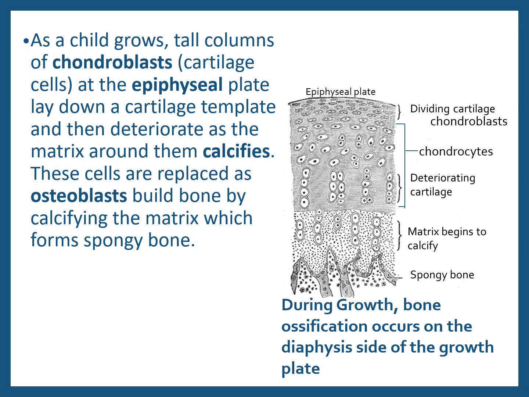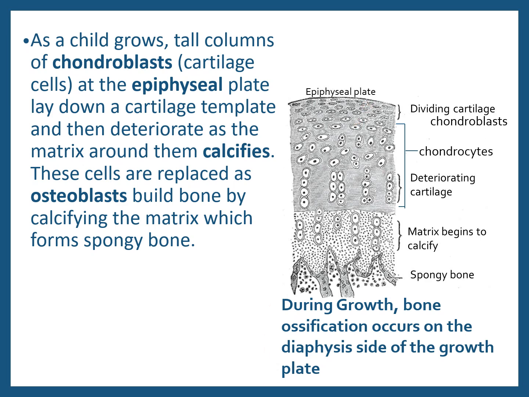Okay, so as a child grows, we're going to have these tall columns of chondroblasts that will lay down cartilage as a template. This is going to happen at the epiphyseal plate.